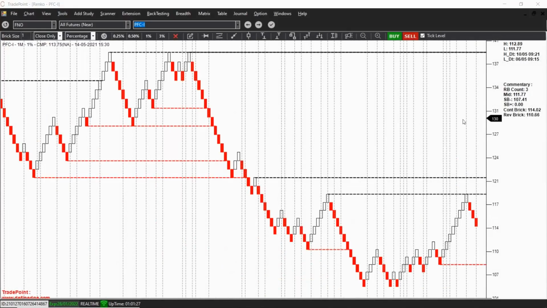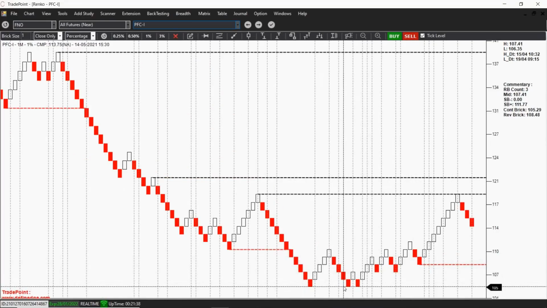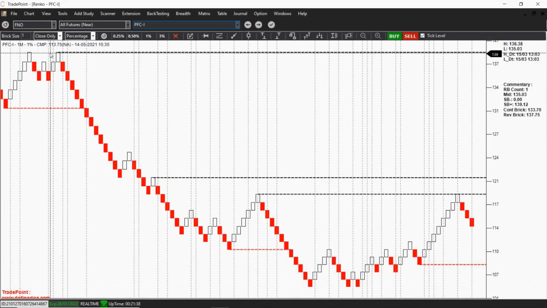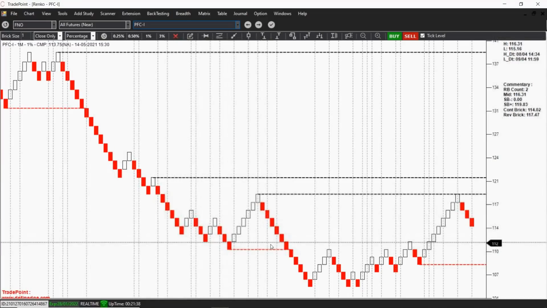See, this is a chart of PFC. It took support here. There were multiple breaks at the bottom. There was a resistance here, then a downtrend with series of two back, bearish one back, bearish two back, bearish two back, and then it took support here.